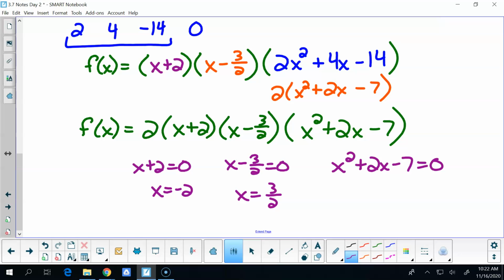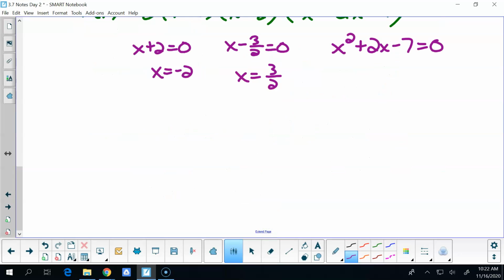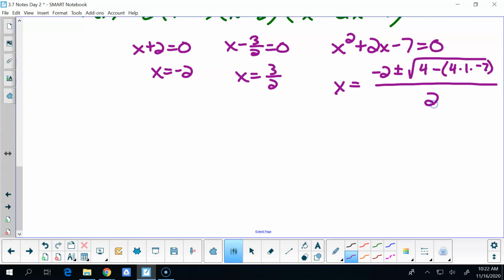This one's not factorable, so we got to use quadratic formula on it. Negative 2 plus minus square root of 4 minus 4 times 1 times negative 7, all over 2. 4 times 1 times negative 7 is negative 28. 4 minus negative 28 is positive 32.